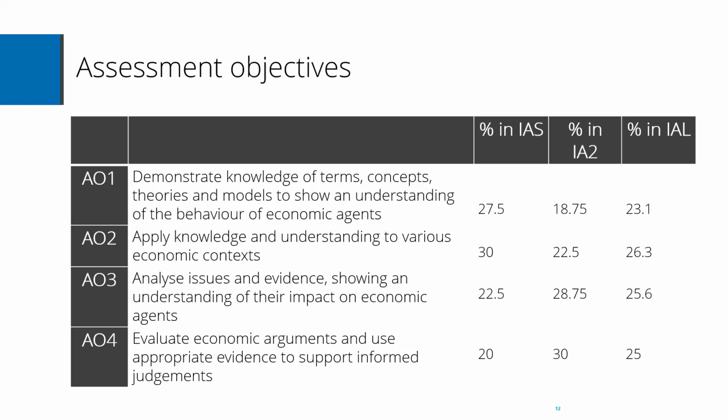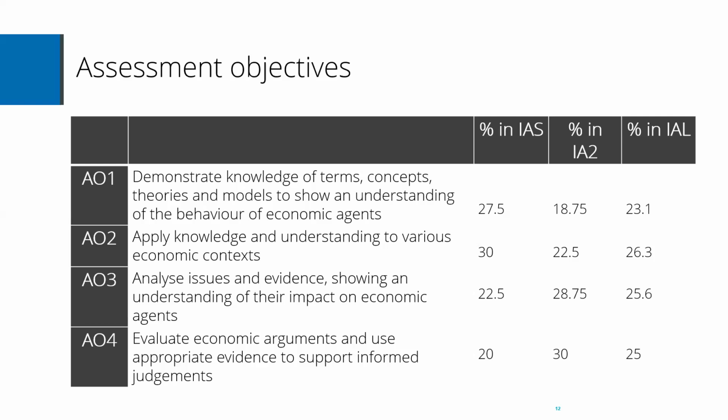And you will see that there is a much higher percentage of AO1 in the AS qualification rather than overall in the full A level. And that is reversed when you get down to AO4, evaluate economic arguments and use appropriate evidence to support informed judgments. Here it's 20% in the AS, whereas overall in the A level, it's 25%.